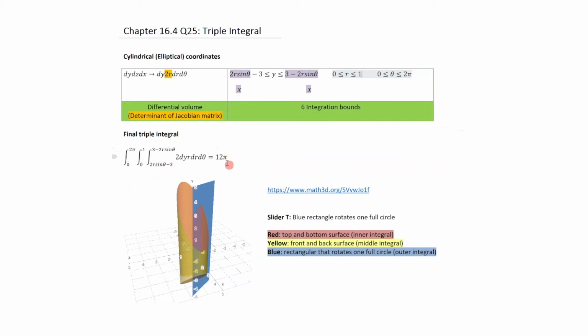If you want to visually see what we're doing in terms of trying to bound the domain using surfaces, look at this picture, which you can find at this link here. This slider T allows you to rotate this blue rectangle or half plane around in a full circle. The top and bottom surfaces are in red, and the front and back surface, like the yellow that you see here, would be representing the middle integral.